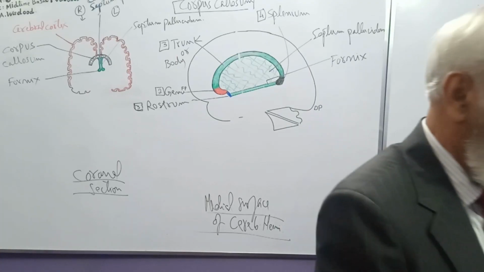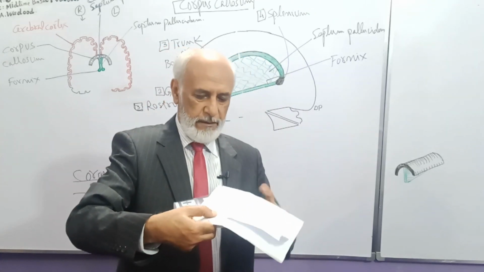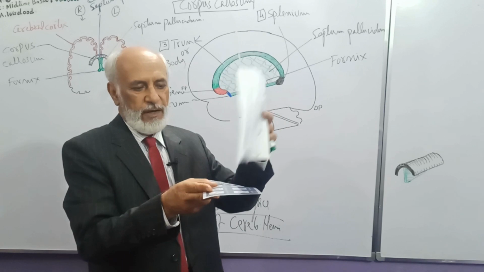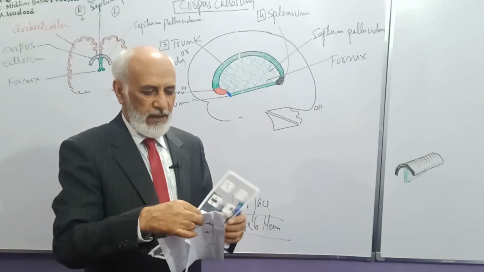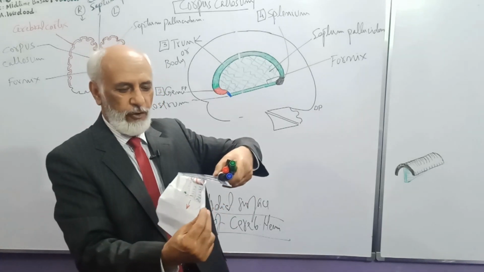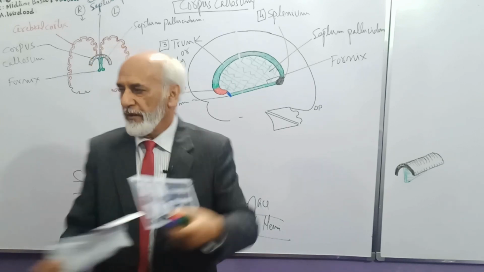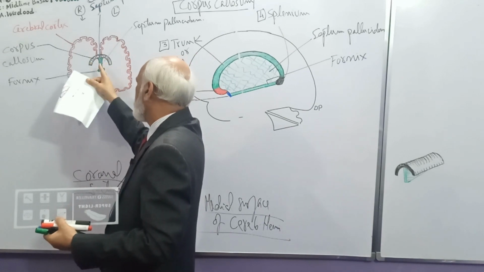For example, this is the corpus callosum. This is its outer or upper surface. This is the under surface. Now to the middle of its under surface, this double layer of membrane extends downwards, known as the septum pellucidum. Now, if we cut an anterior section, we will draw a T-shaped diagram.